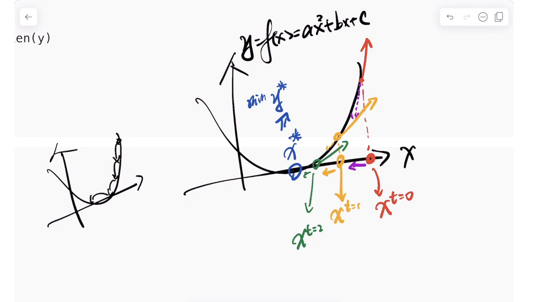Okay, the wrong direction, right? Because the tangent line now becomes here, and you should go back, again, go back, and you simply jump between the curve, and you gradually get close to the x star. So that is the way we find the x star value.